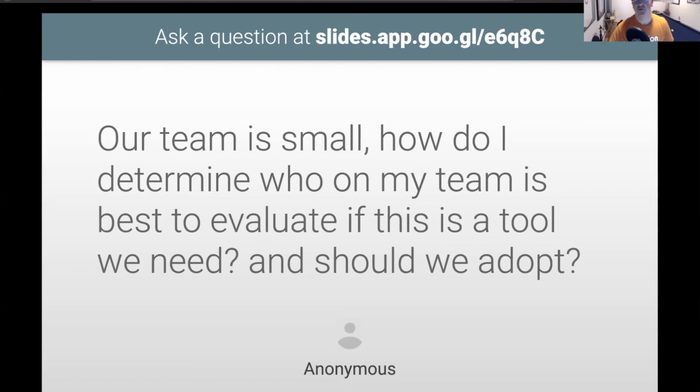All right. So the answer to that is multiple people on your team should be involved in whether or not this is a tool you need, right? My opinion is I think everybody could benefit from this. But if you just have 1 or 2 people focusing on costs, you don't have the right people involved. You need to have multiple people within an organization involved.